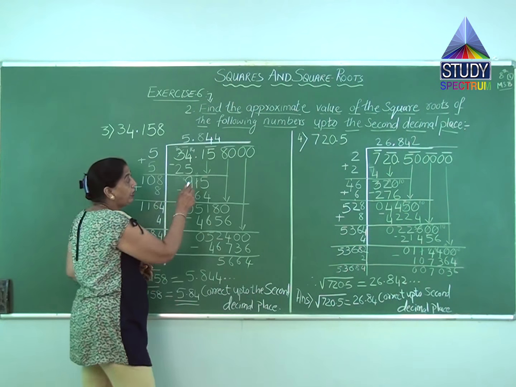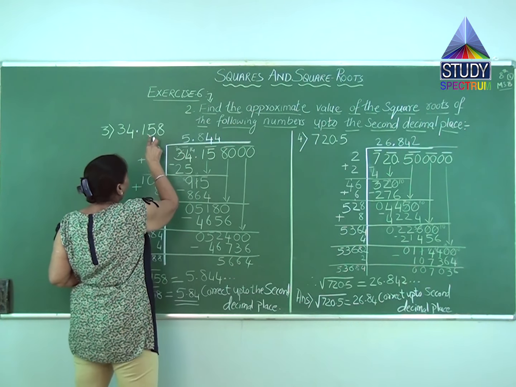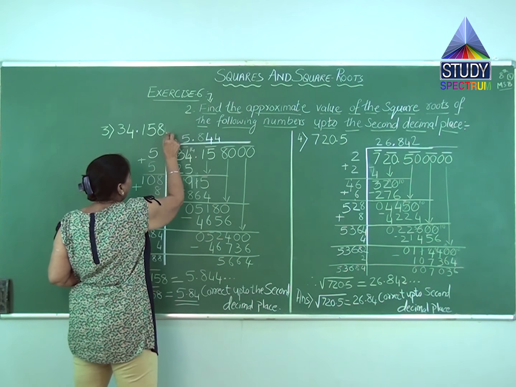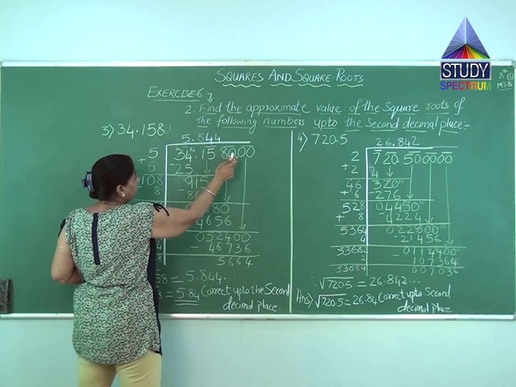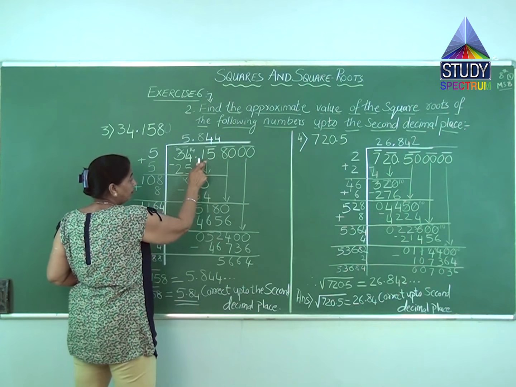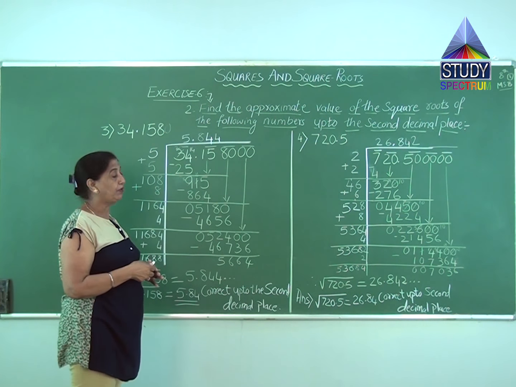So we have to take 3 pairs. As this number is 34.1580, to make a pair I will put a 0 over here and then 2 more zeros. So here I am making a pair. So 3 pairs are here after the decimal point and 1 pair is before the decimal point.